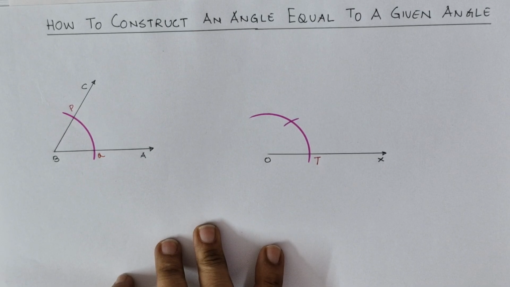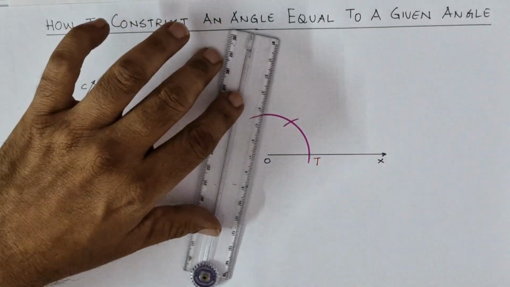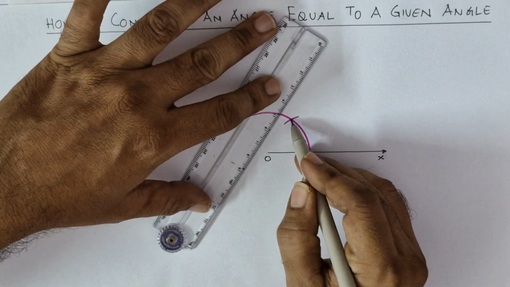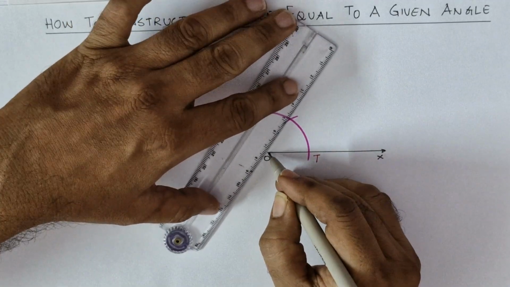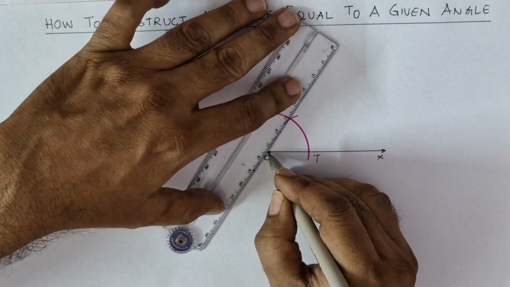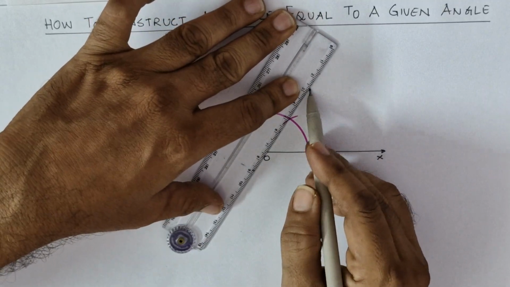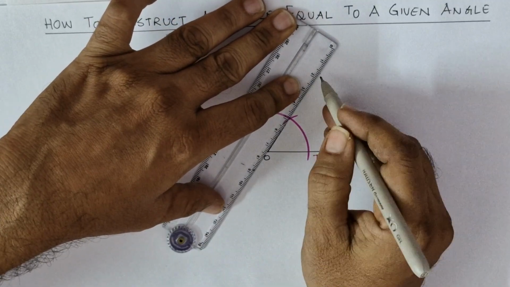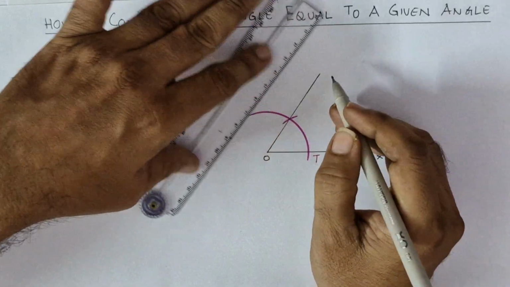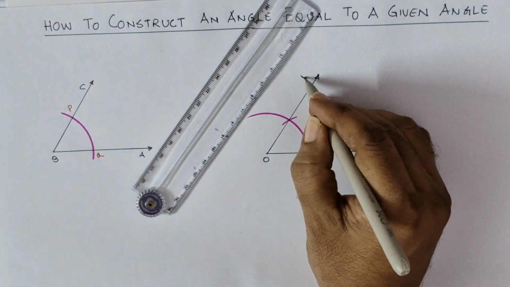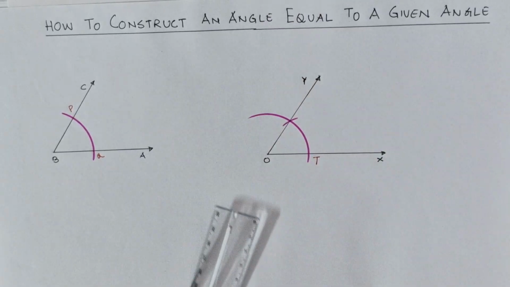Now take the scale and join this one and this one, the vertex O and this intersecting point, right? So join it. So we'll name it as Y, right?